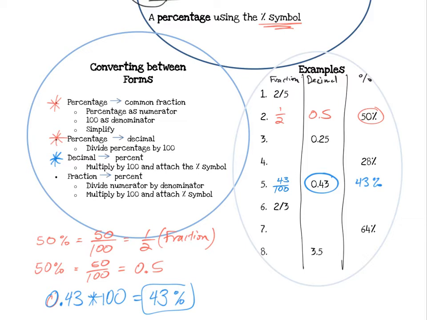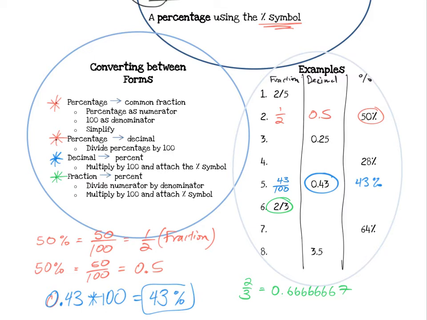The very last thing we want to do is change a fraction to a percentage, and I'll do that with green here. Let's do this fraction, 2/3. We just divide, so 2 divided by 3 on a calculator would be 0.666666667, because the calculator will correctly round.